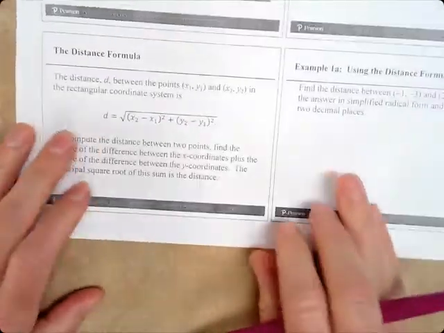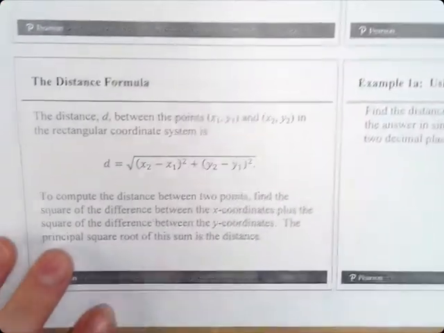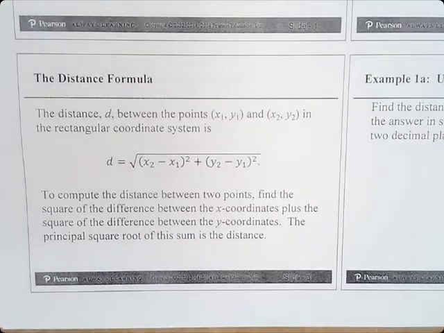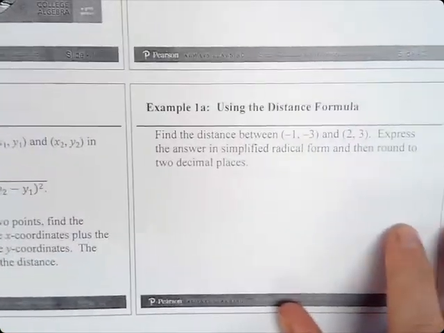So here's our distance formula. You've learned this in Algebra 1 and Algebra 2, and probably seen it again in pre-cal. So you subtract your x's, square it, subtract your y's, square it, add those together, and then take the square root. So we have an example.